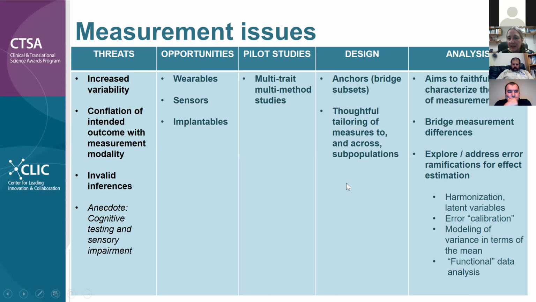And then functional data analysis is a set of statistical methods for dealing with highly data-intensive streams, such as one would get from accelerometry measured every 30 seconds for a week long, or those sorts of things. And honestly, aging has spurred some of the really important statistical advances in that field.